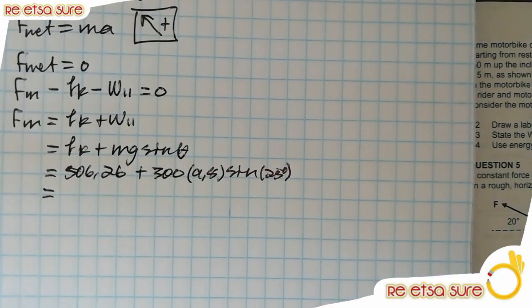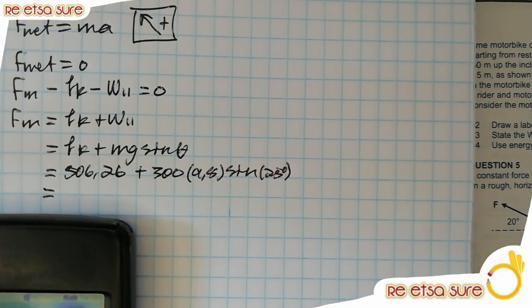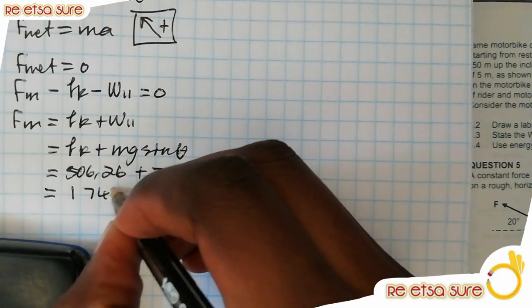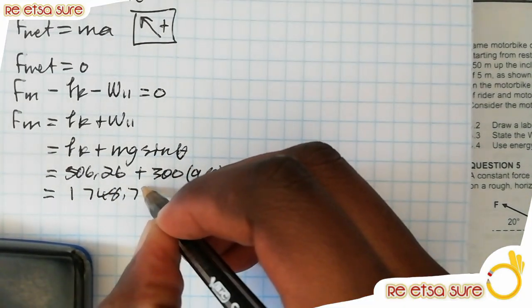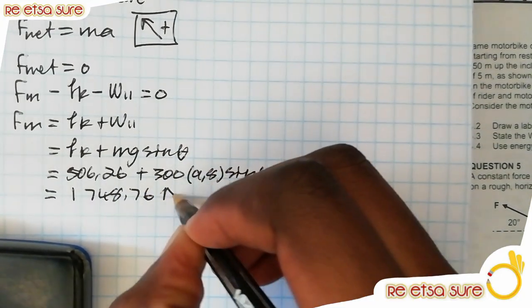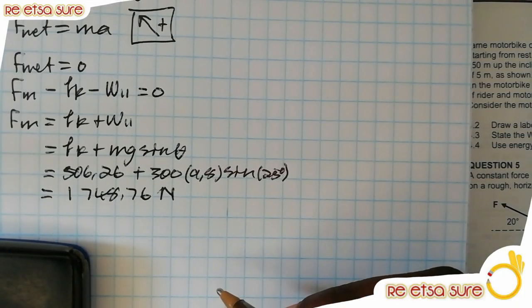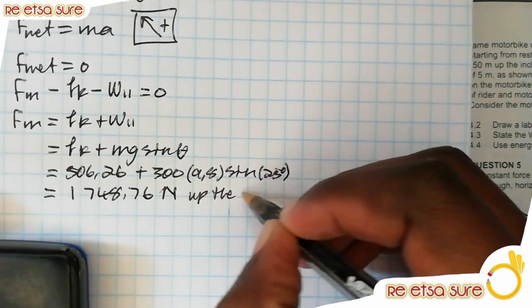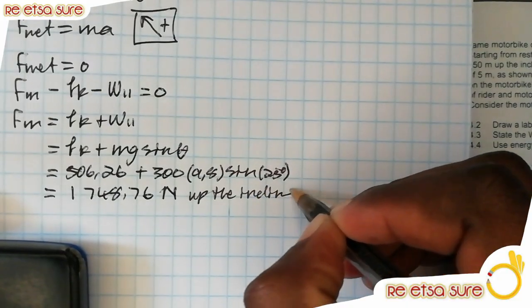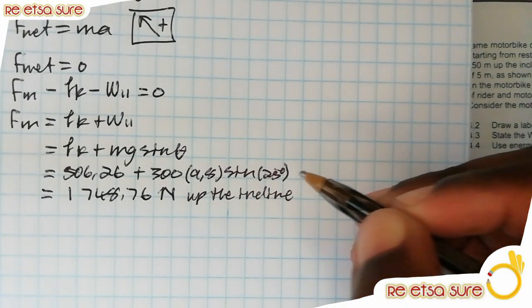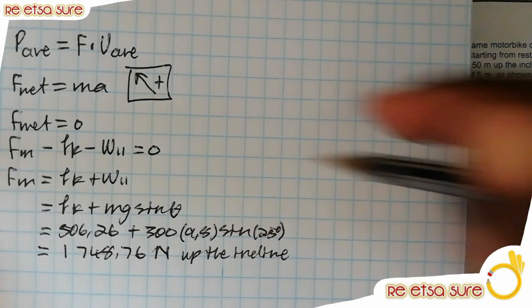Now when we plug that into our calculator, we get 1748.76 newtons. Because this is our final answer, we need to round it off to 2 decimal places. Up the incline.